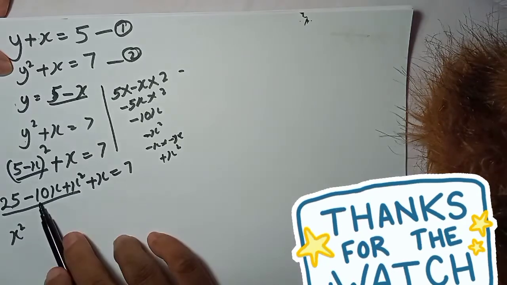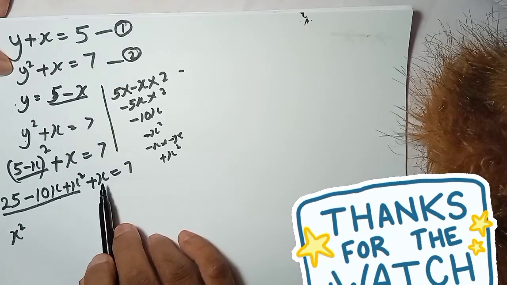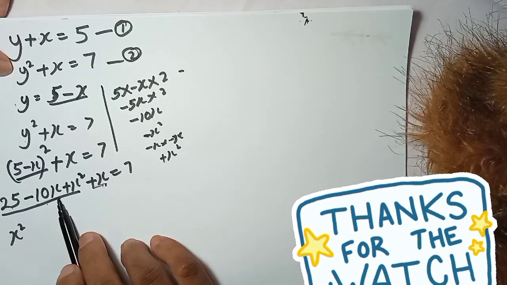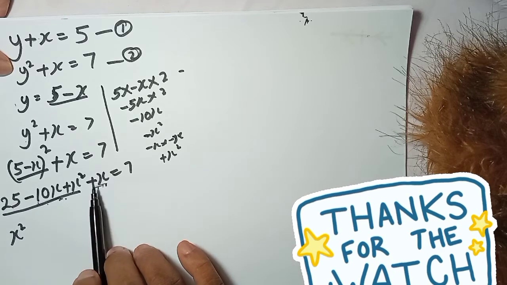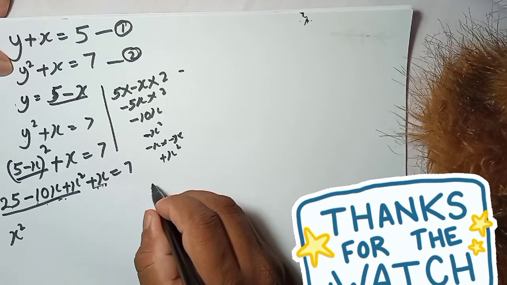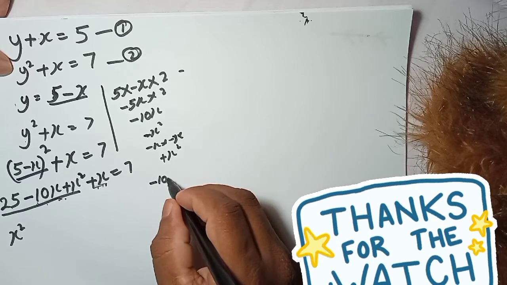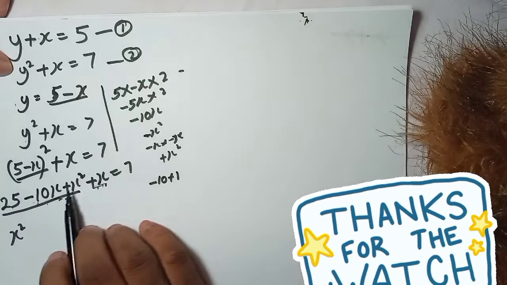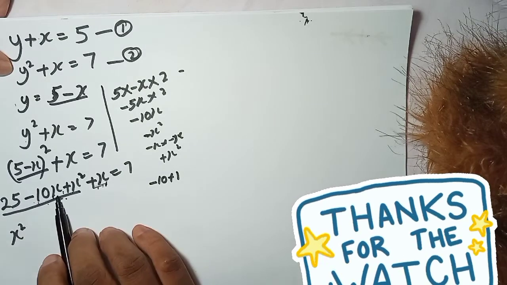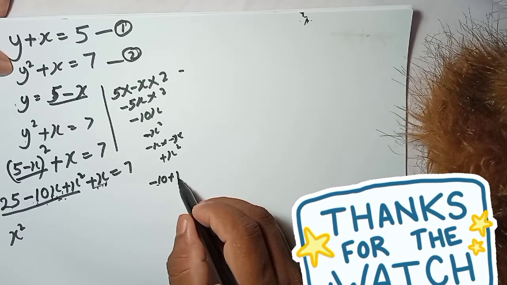Now we have again like terms here, minus 10x plus x. These are like terms, you can simplify. It is like minus 10 plus 1, right? Minus 10 plus 1, what is the answer? Both have x, like terms, so that's why we can simplify. How to simplify? Minus 10 plus 1.